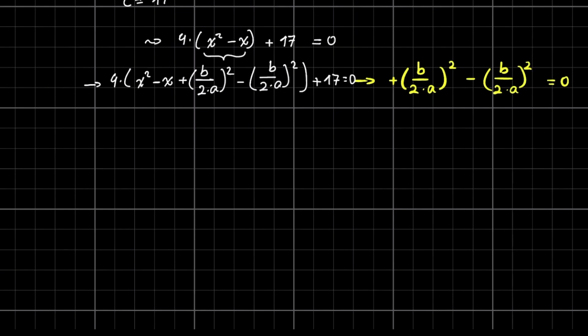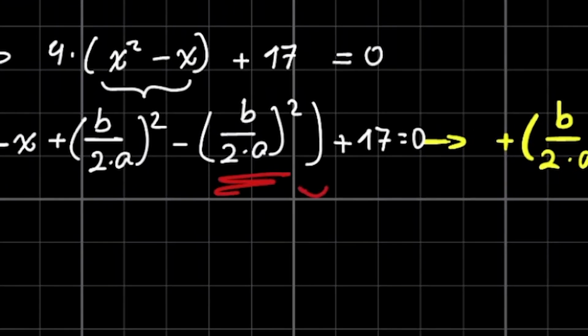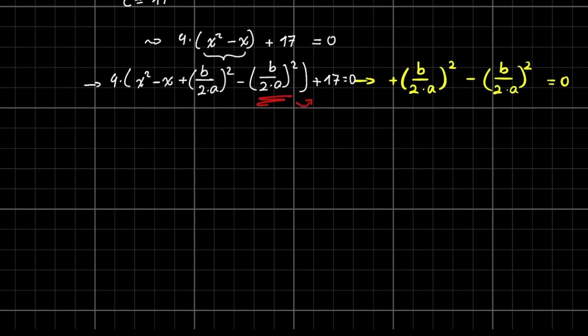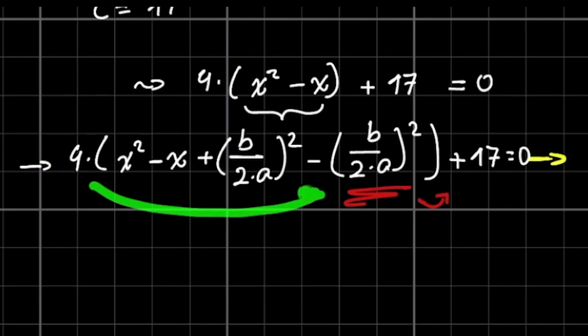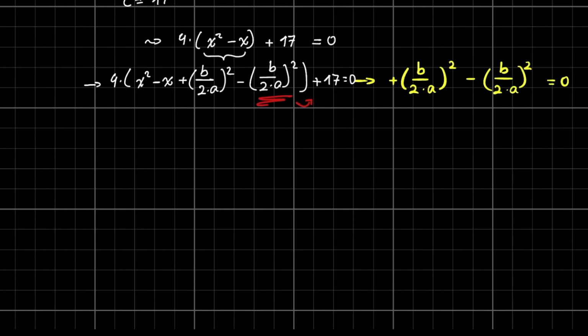What I want to do next is get this term right here outside of the parentheses. In order to do that, I need to multiply it by 4, because 4 here is distributed across x squared, x, my first term here, and my last term. By first term and last term, I mean the terms that I added in order to make up a 0.